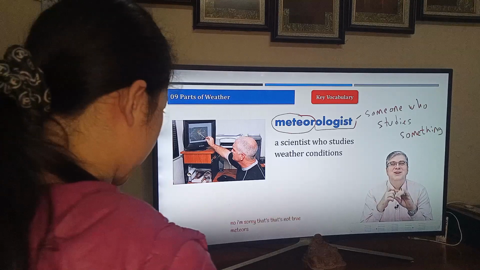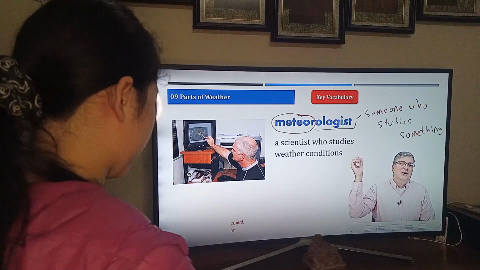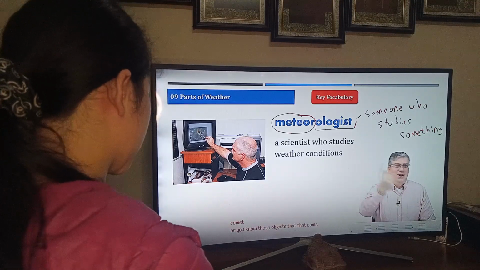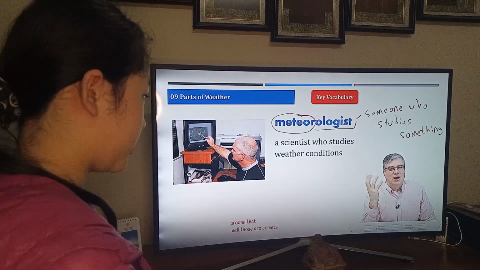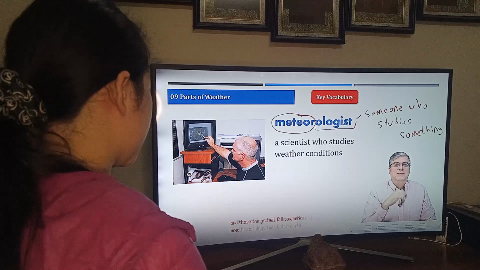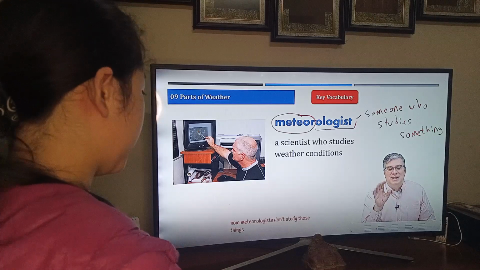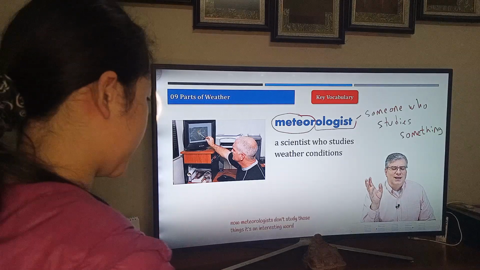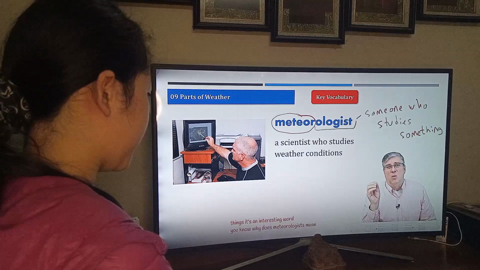No, I'm sorry, that's meteors, of course, like Halley's comet. Those are comets, but meteors are falling stars. Meteorologists study the weather, which is interesting.